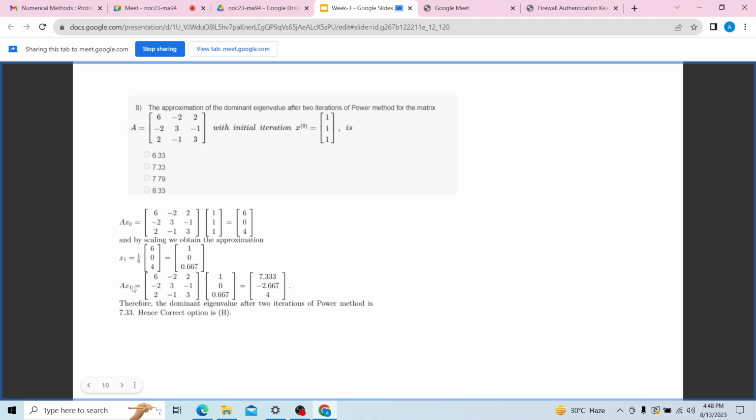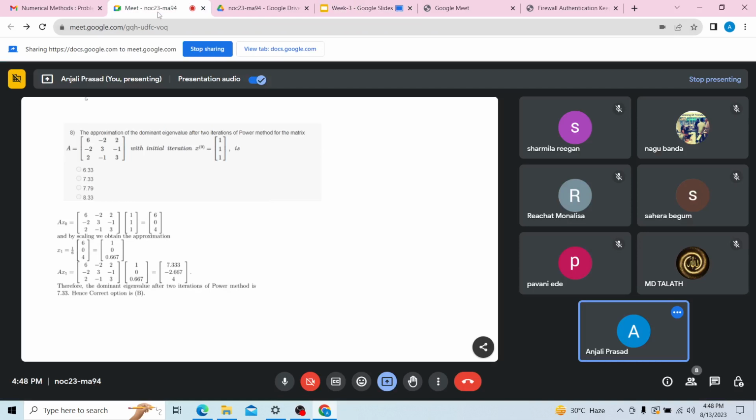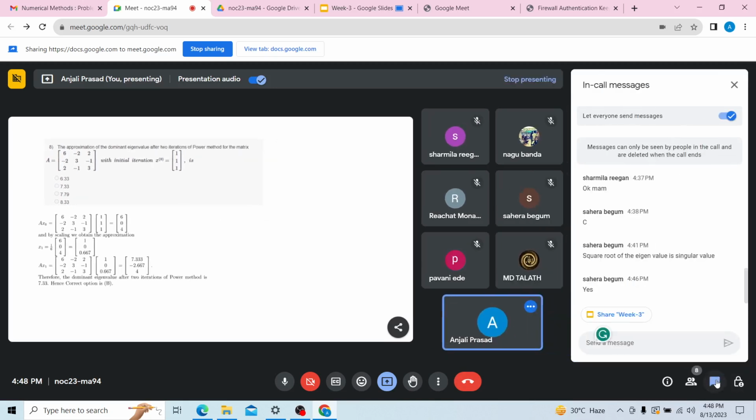Okay. So hope it is clear now. The question is correct. You have two iterations here, and after two iterations we are going to get 7.33. Is it clear now? This question is clear now.